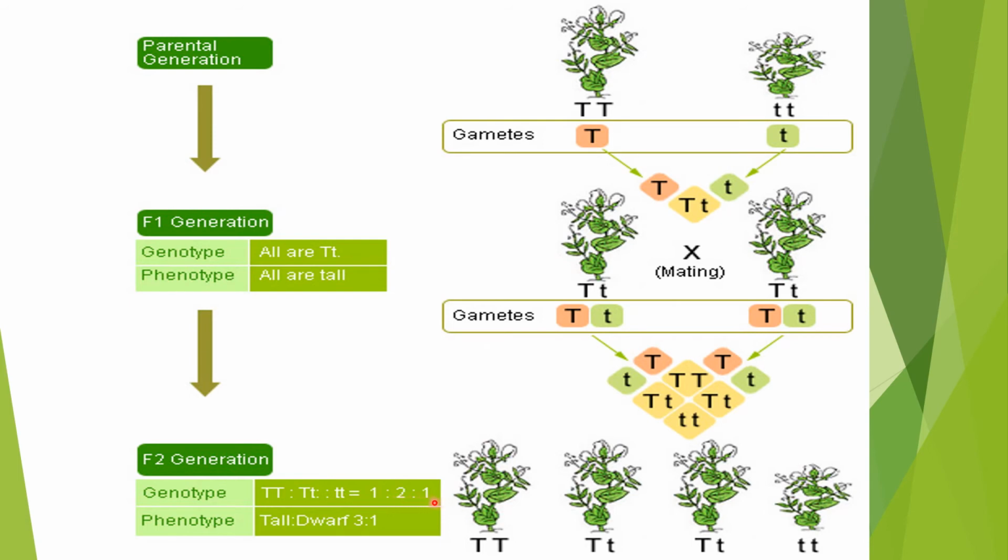Now what is the phenotypic ratio? Phenotypic ratio is 3:1. Why 3:1? Because 3 are tall and 1 is dwarf. So the phenotypic ratio of a monohybrid cross is 3:1 and the genotypic ratio of a monohybrid cross is 1:2:1.